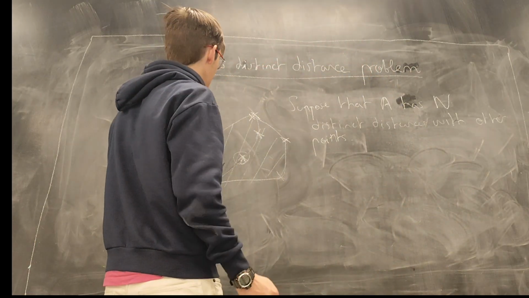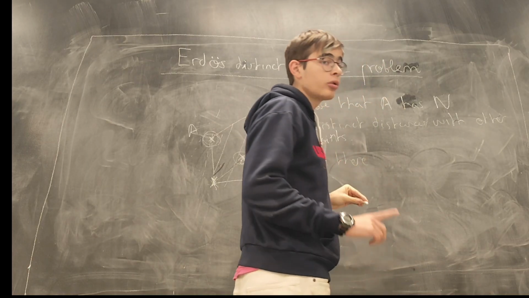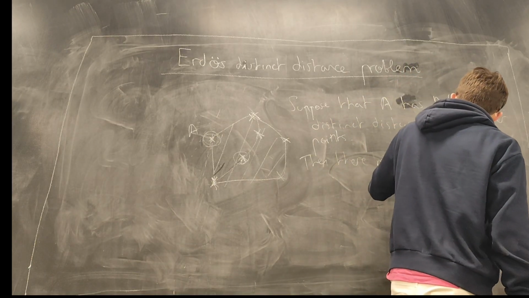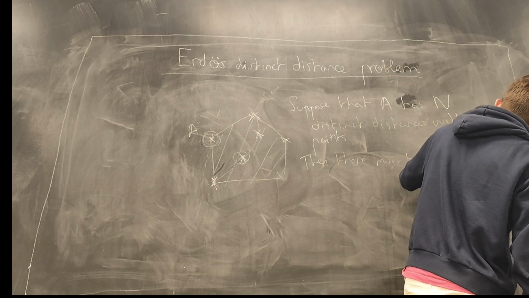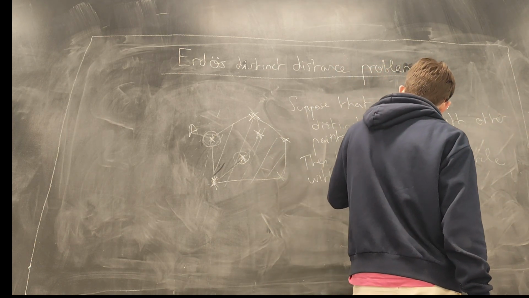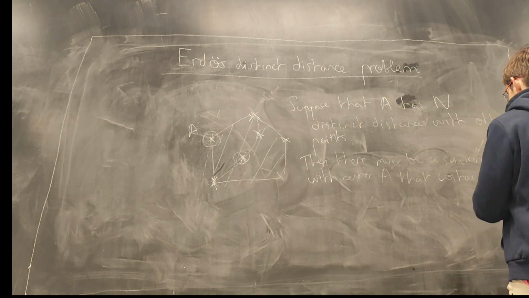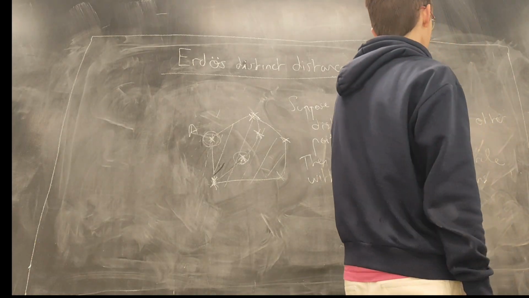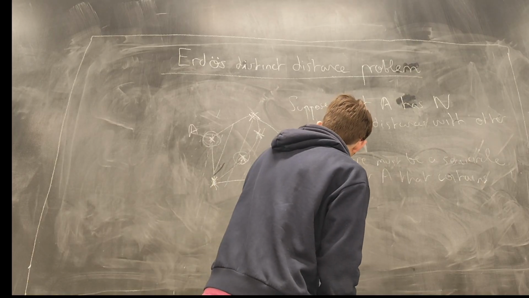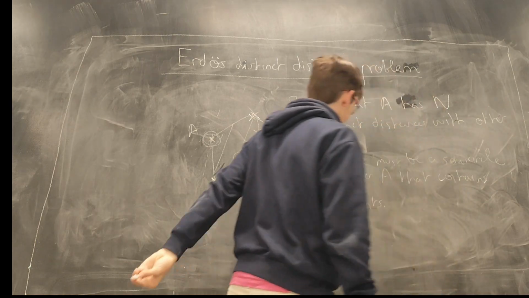Then there must be not only a circle but a semicircle, as we argued. So a semicircle with center A that contains how many points? Well, the total number of points left divided by the number of circles. So (n minus 1) over N points. Okay?